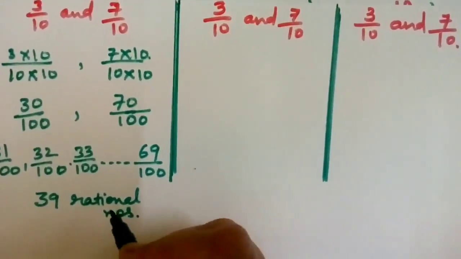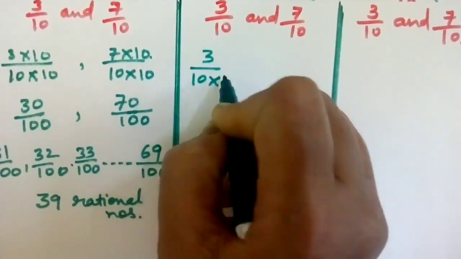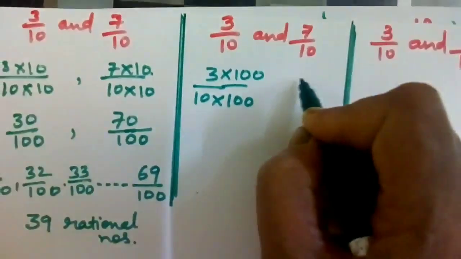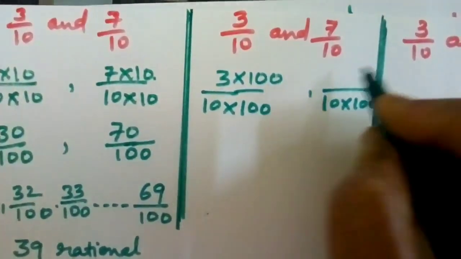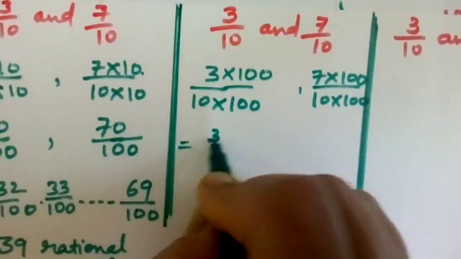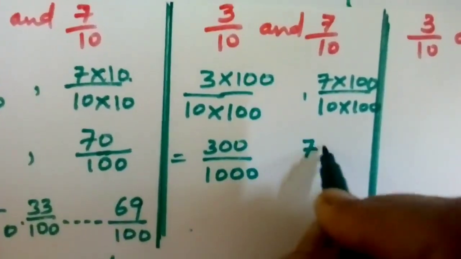Now here, if we multiply the denominator by 100 and the numerator by 100, and here also the denominator and numerator are multiplied by 100, then we will get 300 upon 1000 and 700 upon 1000.